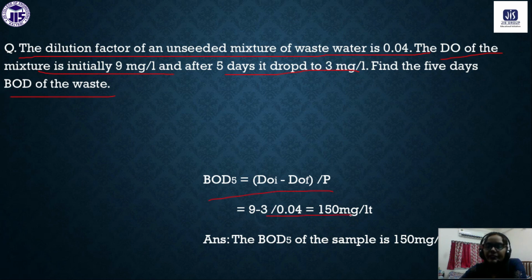For this question we have to use the previous BOD equation, equation number 1, and our answer is 150. 9 minus 3 divided by the P value, which is already given. So 150 milligram per liter. This is the BOD5 value.